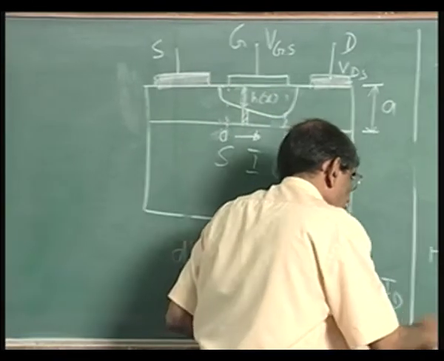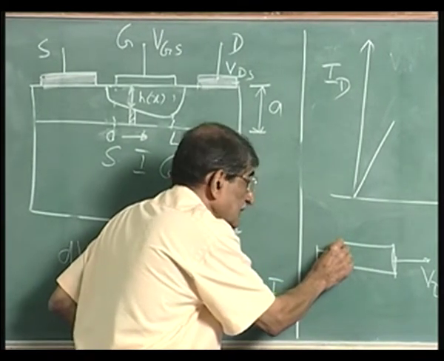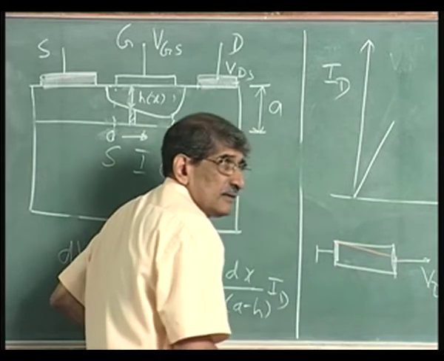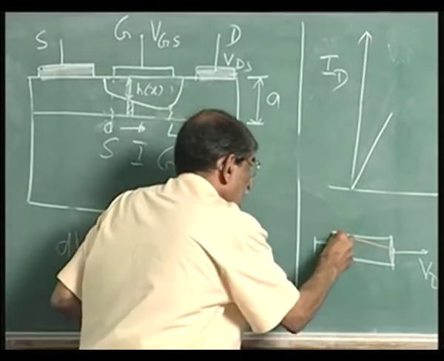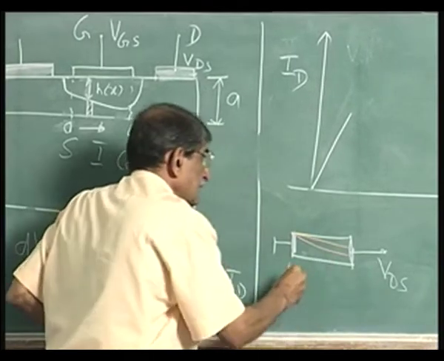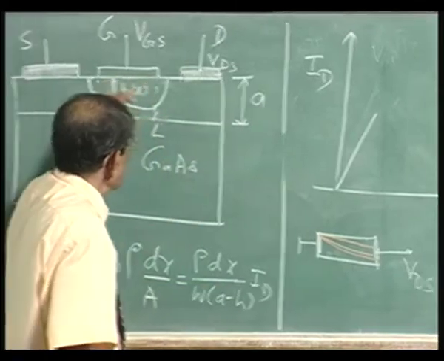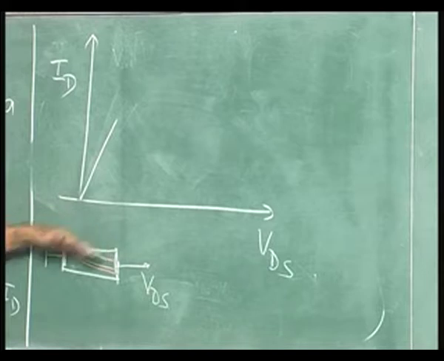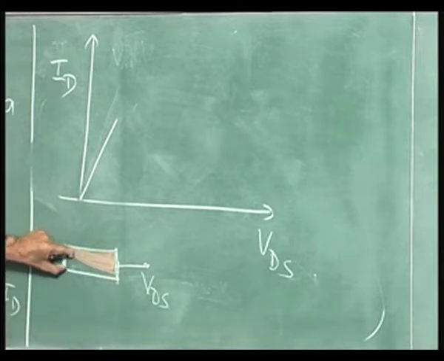Now, when you keep on increasing this voltage, this remains the same thing, but the channel falls, not exactly linearly, it falls in some fashion depending upon the voltage there. Each increase in drain voltage as you move down here will make that region, at this point, have the channel thickness varying like that.